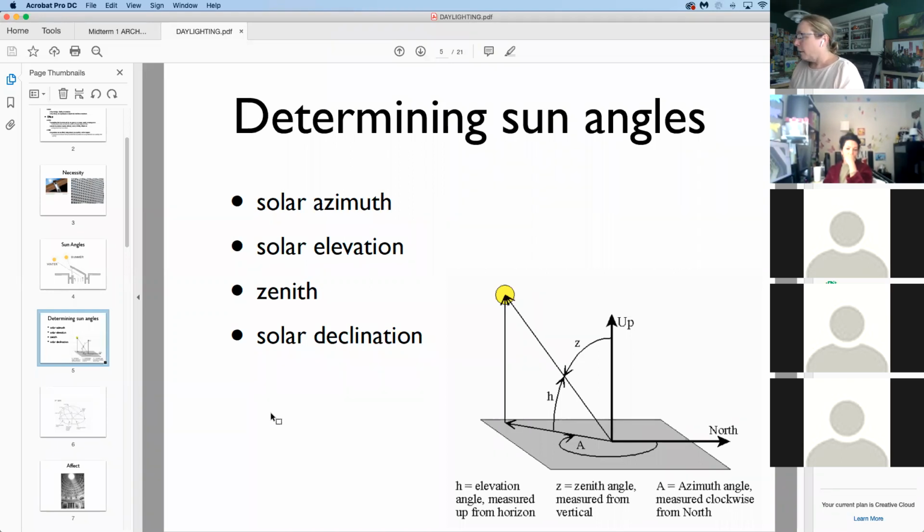Real quick recap on our solar geometry. Again, we just went over this. The azimuth is the direction to the south. Actually, this one does say zenith as opposed to altitude or tilt.